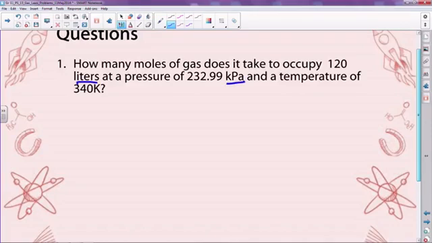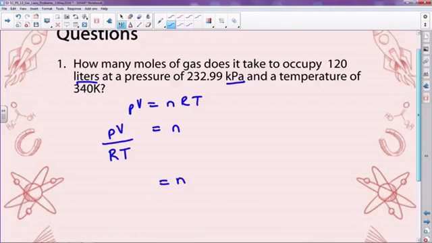So PV equals nRT. Now, before I substitute, I'm going to rearrange my equation, and then I'm going to leave you to do the rest. And then when I see you for our revision session, we're going to pick up on this particular problem. Okay, but let's do what we can now. It's going to be 232,99 times 1,000.